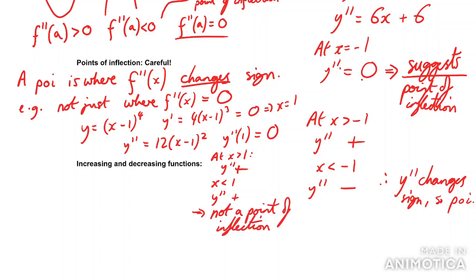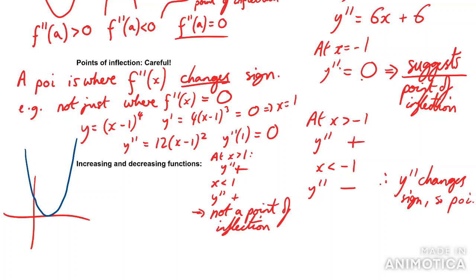And if we were to draw out the graph of x minus 1 to the 4, you should see it looks almost like a quadratic. So in other words, it's a minimum. So what you should do when you find y dash dash is 0 is check on either side of that point.